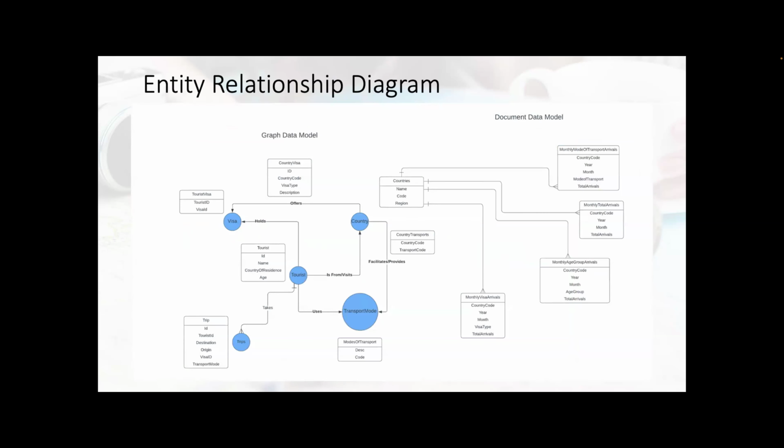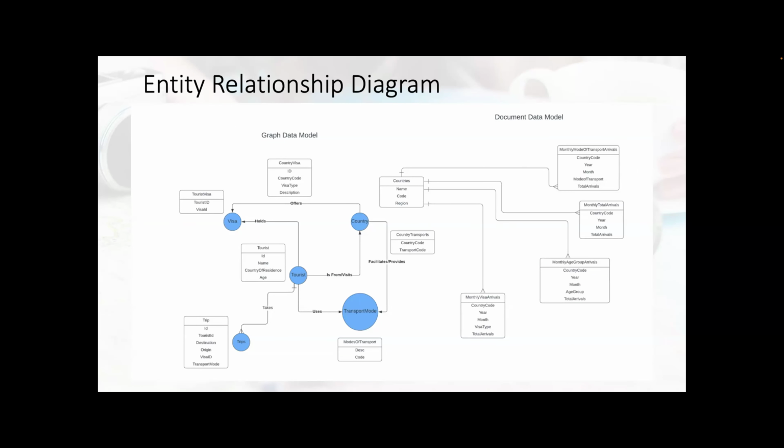Coming to the entity relationship diagram, we have document data model and graph data model. Document data model consists of aggregated data, which is mostly the counts of how the data has been distributed across various factors such as visa types, age groups, and modes of transportation.